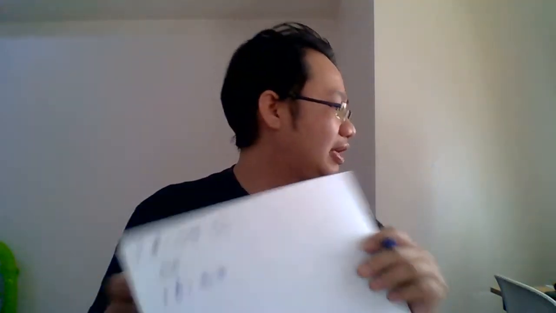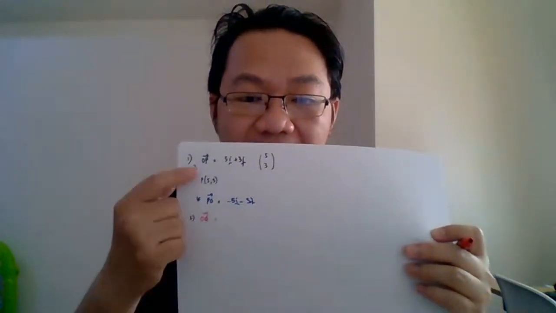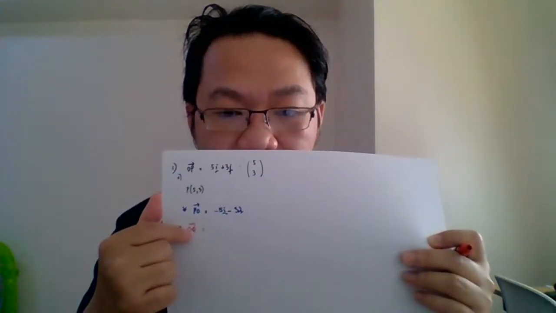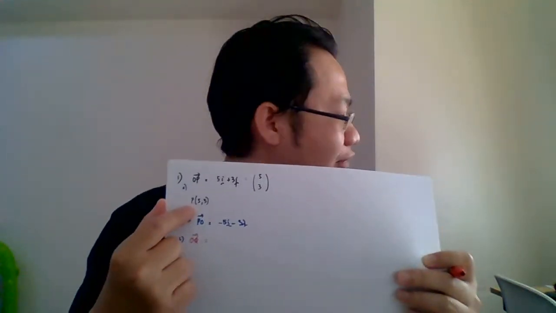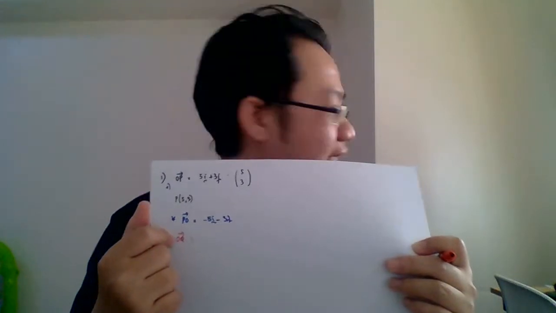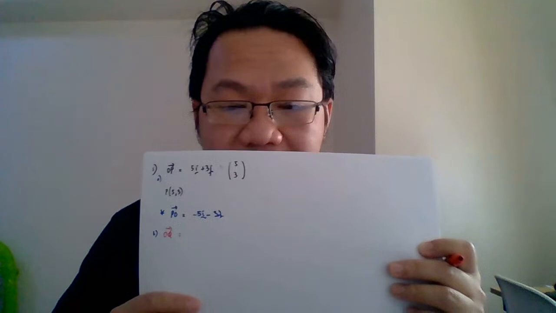Okay, settled for number 1. Okay, number 2, now we are asked OQ. In the form of vector OQ. Okay, guys, how to find the vector OQ? Similar to question A, how we find the OP? For OQ also, we just look at the point of Q. The coordinate of Q there is given by negative 8, 4, right?